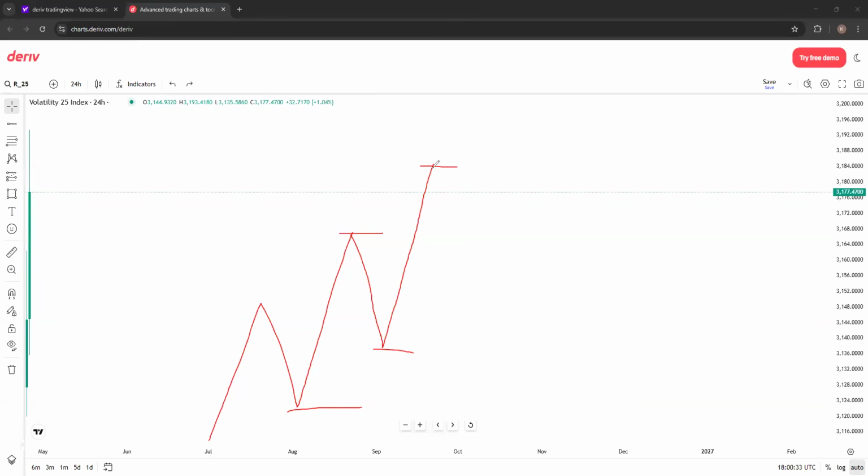But at some point price will just come and break the previous low. This is a breakout structure because we're breaking a low that had broken a high, and we are breaking out of this whole range.